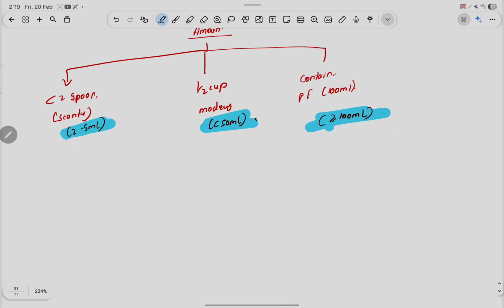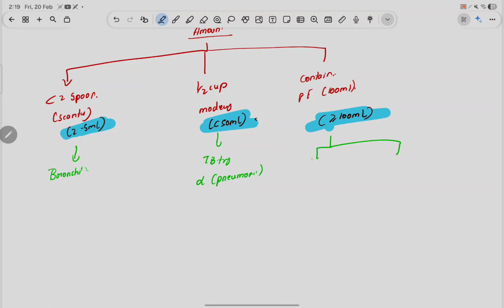Here, what happens? The 2 to 5 ml amount will be in bronchitis, and TB of the tracheobronchial tree. In pneumonia, if the person comes with less than 50 ml, then you can suspect pneumonia.